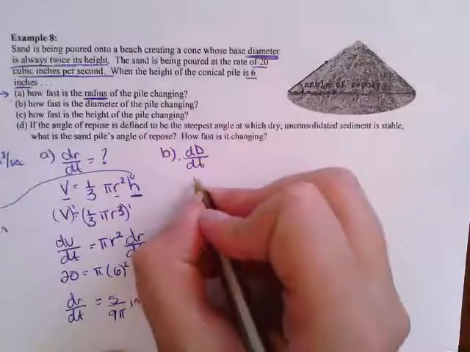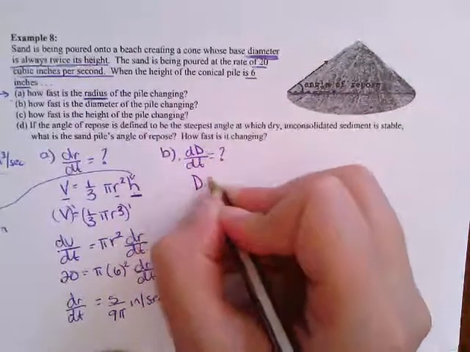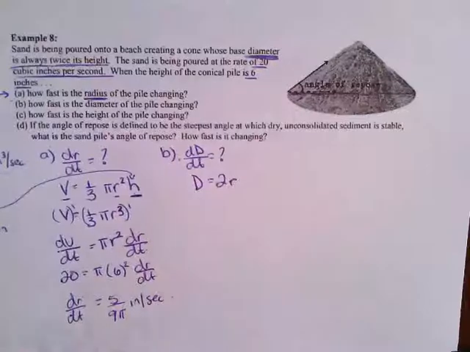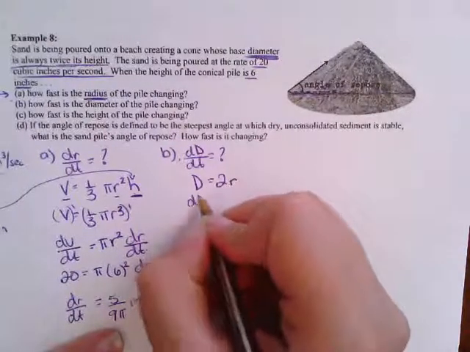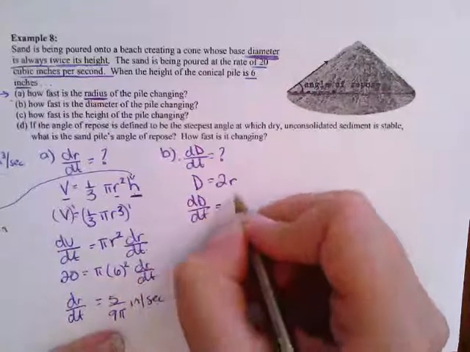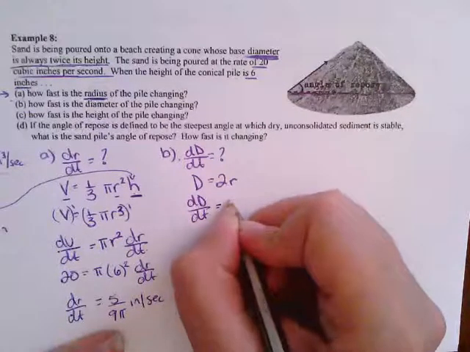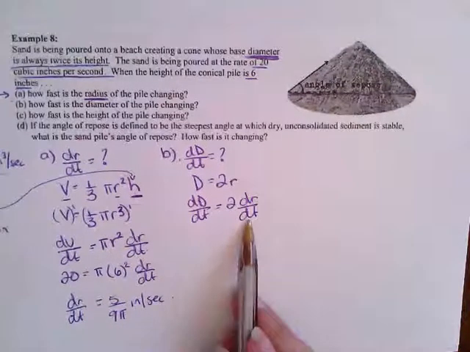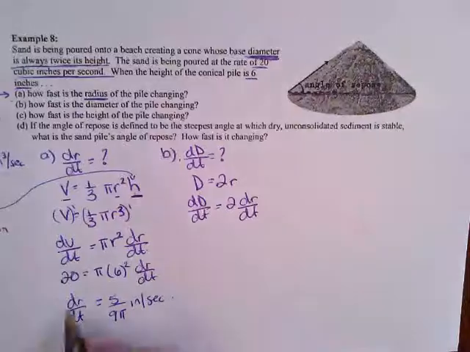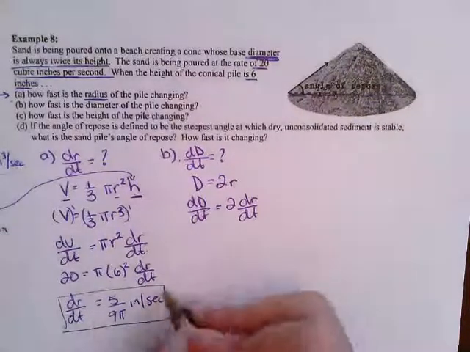Well, we know that diameter is equal to 2 times r. And if I just take this equation and find the derivative of both sides, we end up with 2 dr/dt. The reason why I can use this equation is because I literally just found out what dr/dt is.